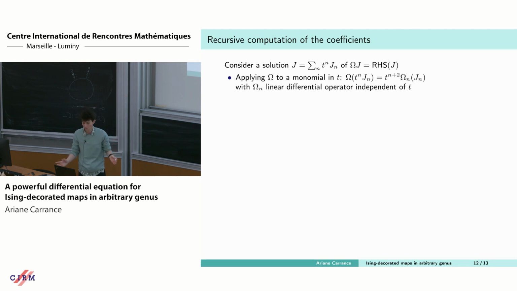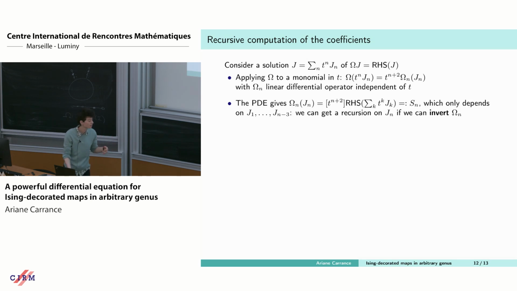And I'm not going to detail why, but from the definition of omega, you see that if you apply it to one of these monomials, you will get something that is of degree n plus 2 in T, and that the rest is once again something that doesn't depend on T and can be written as the action of some linear differential operator omega n.